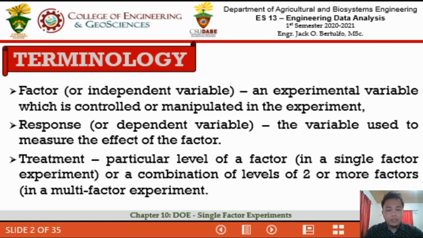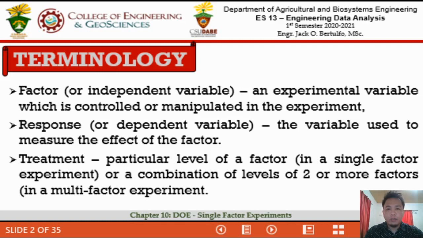And the second one is the response or the dependent variable, the variable used to measure the effect of the factor. The next one is treatment, a particular level of a factor in a single factor experiment or a combination of levels of two or more factors in a multi-factor experiment.